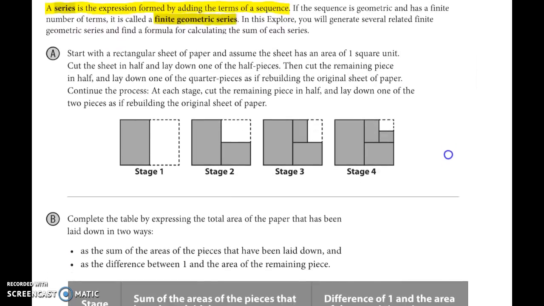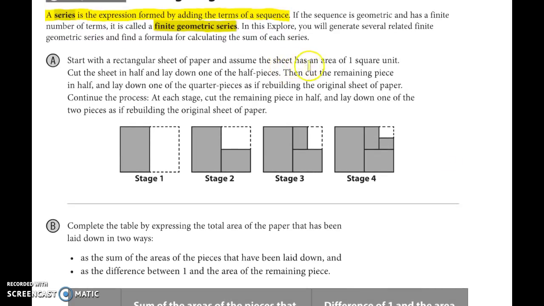If you start with a rectangular sheet of paper, assume that the sheet has an area of 1 square unit, and you cut it in half. So we're talking about just this half here. So we have a half, and here stage 2, or the next part, we have the half that we started with, and now we have a fourth.